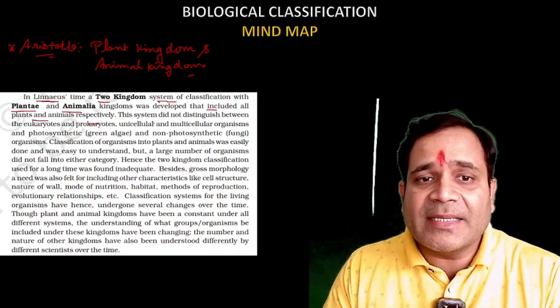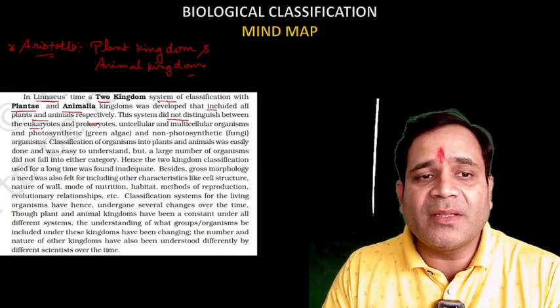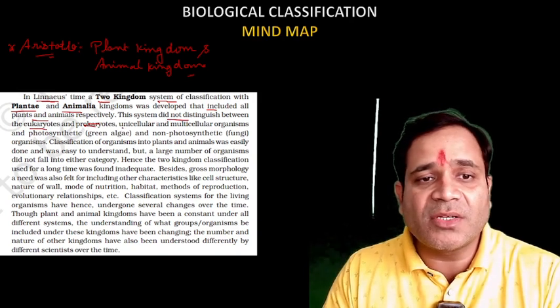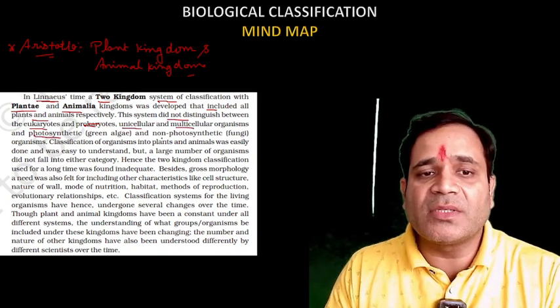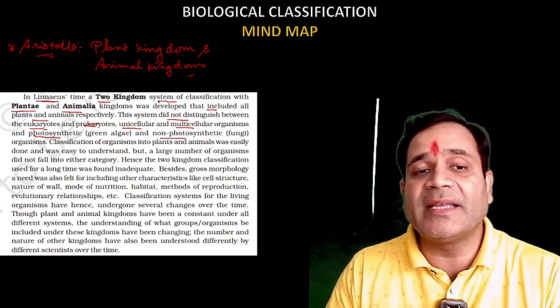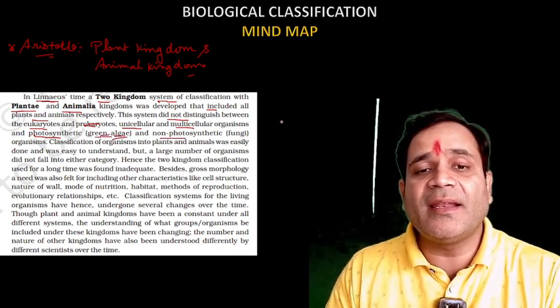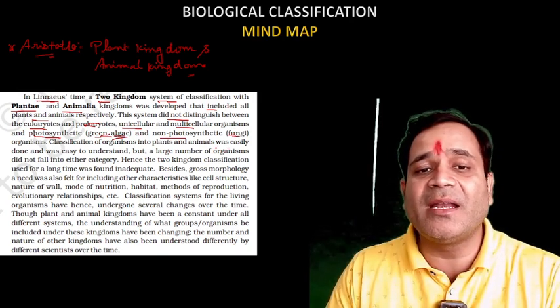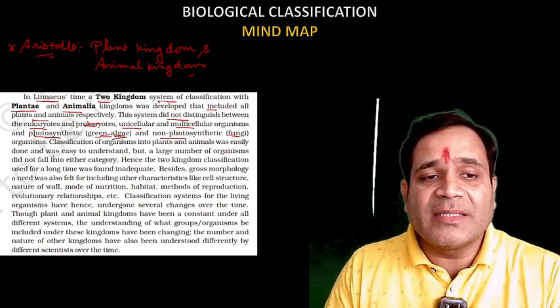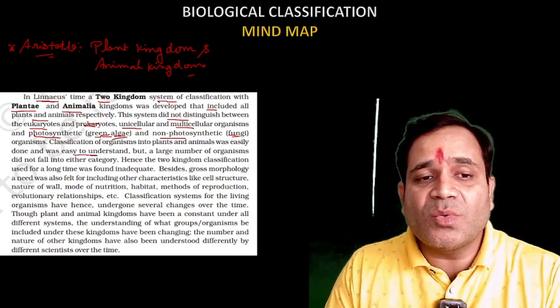But this system did not distinguish between eukaryote and prokaryote, between unicellular and multicellular organisms, or between photosynthetic and non-photosynthetic organisms, that is green algae, and fungi. So that's why this classification of Plantae and Animalia was not easy to understand.